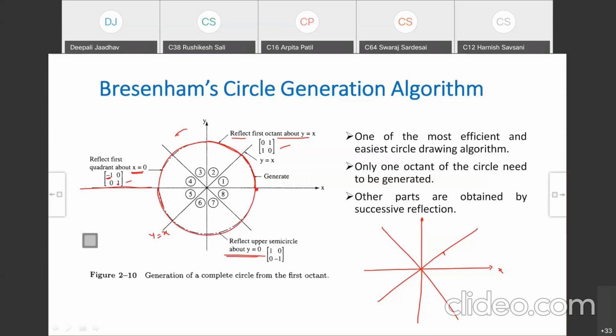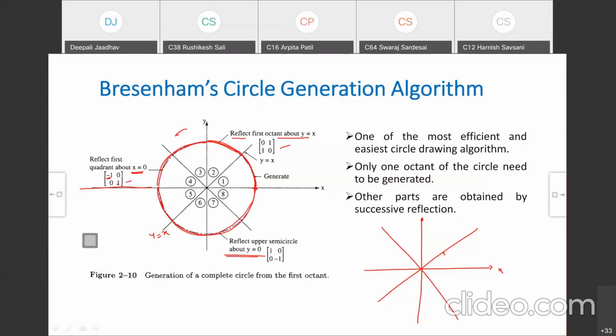So whatever algorithm we are going to see, it only generates this first octant. Once it is generated, it is reflected. Once this is completed, it is reflected here. Once the semicircle is completed, it is reflected here, and the entire circle is generated.